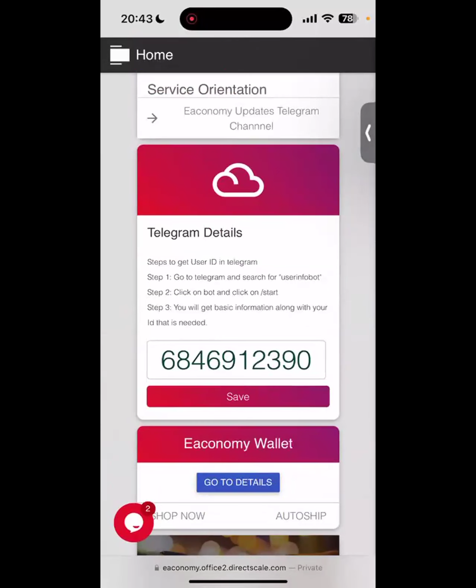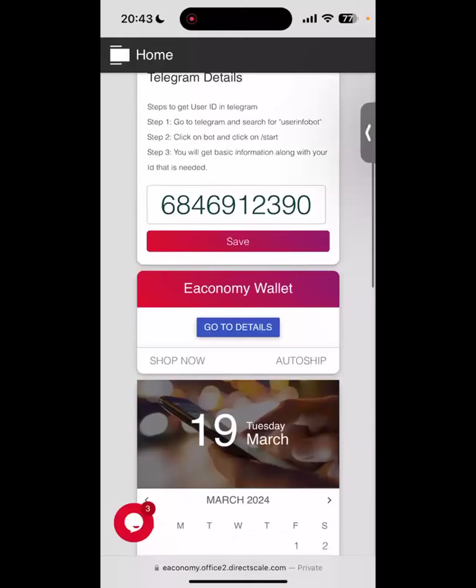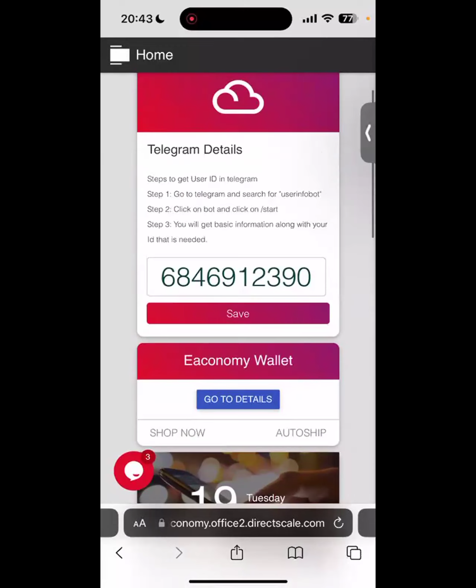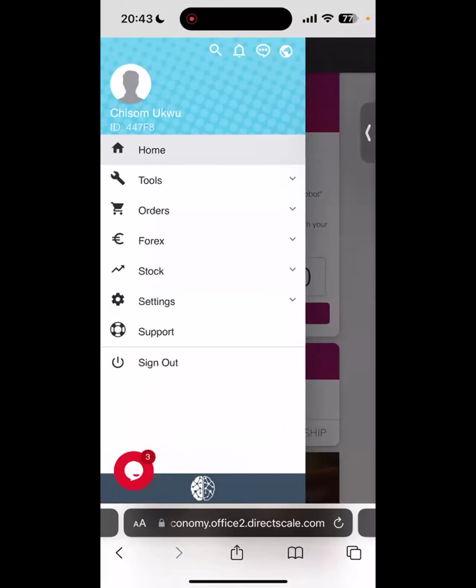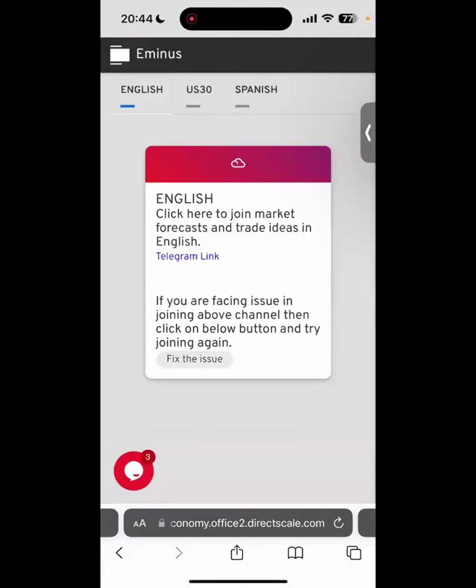So now let's go join the Telegram groups. No, still on your back office. You join the Telegram group from your back office. So click on the menu line. The menu here? Yeah, the home box. Okay. So click on the Forex drop down. Forex, can you see that? Okay. So choose Eminence. Yeah, can you see now that there's a Telegram link?